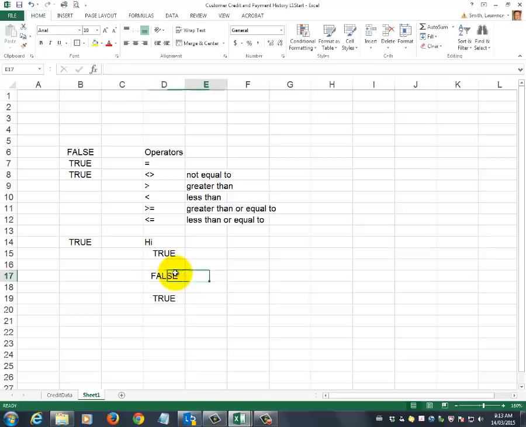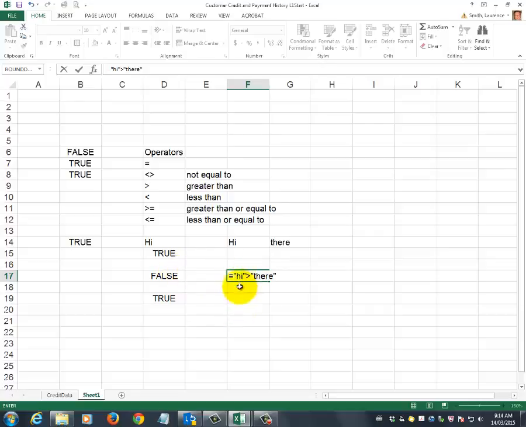How about if I did this? If I went hi, and I went there, in these two different cells, and let me do this one first, if I went down here, equals hi greater than there. Okay, see what I'm doing here?